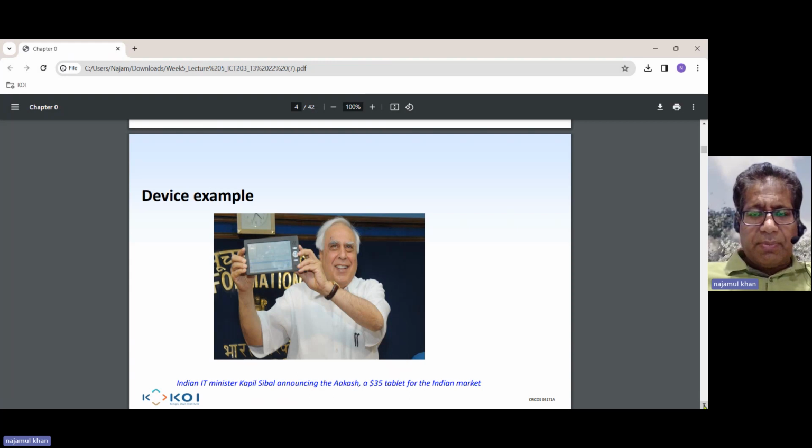It shows the power of small displays and different types of displays and devices that will enhance user experience. Some tablets are as expensive as $1,000, but in a market where $1,000 is a lot of money, they have developed a basic $35 device that can meet the requirements of that market. This is a really good example to show how this can be done.